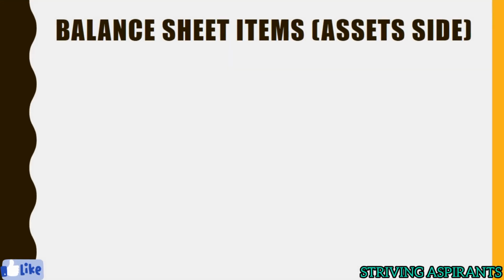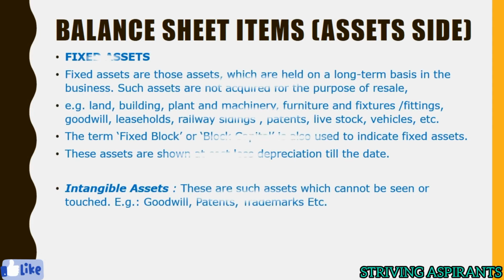Next, we will check the items or heads that will come under the asset side of the balance sheet. First and foremost important item is fixed assets. Fixed assets means the assets which will be in the organization or company on a long-term basis.